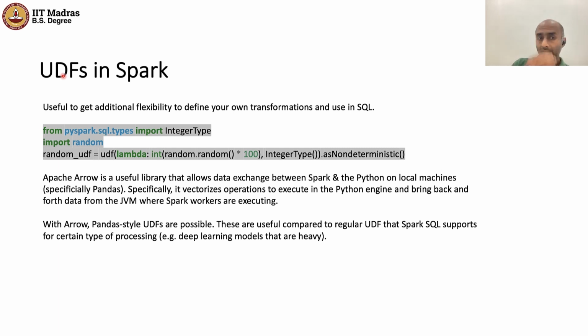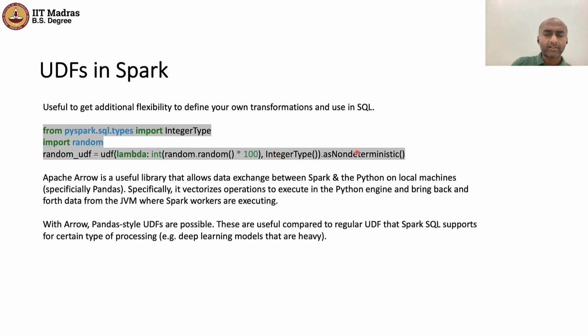So how do you use a UDF? You simply declare the UDF as a special function. It's already defined for you as part of PySpark, and you can use a lambda formulation for specifying the function that you want. You also have to explicitly declare the type that it returns.